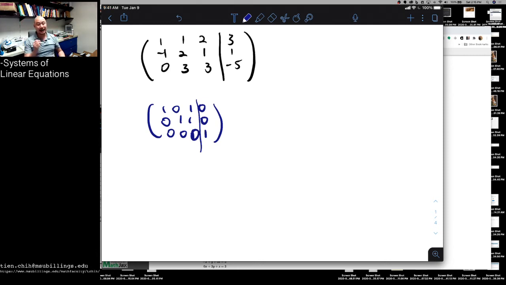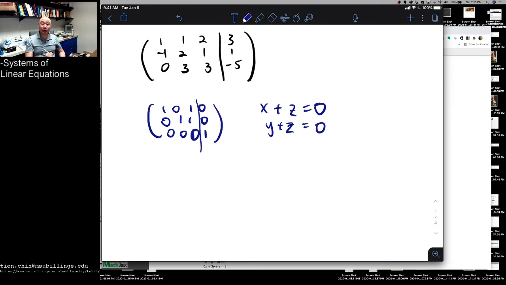Let's go back to whiteboard, and here I've written it down. Now this time I will write what the system is because it's very instructive if we can see it. In the first row, what we observe is x plus z is 0, right? In the second row, what we have is y plus z is 0.